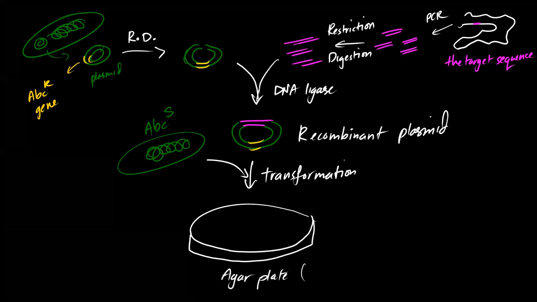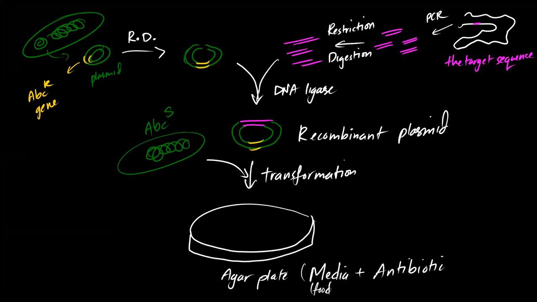And this plate contains media, food basically for the bacteria, plus antibiotic. So now on top of the agar plate we will have colonies. And each colony consists of millions of cells.